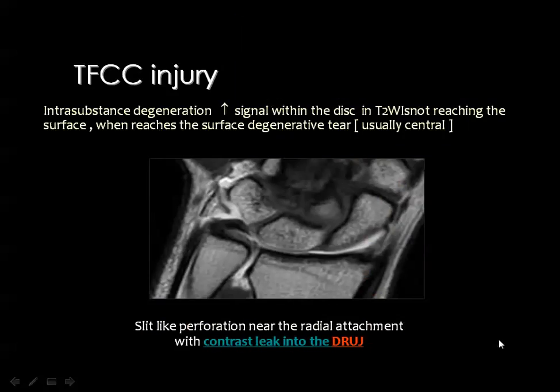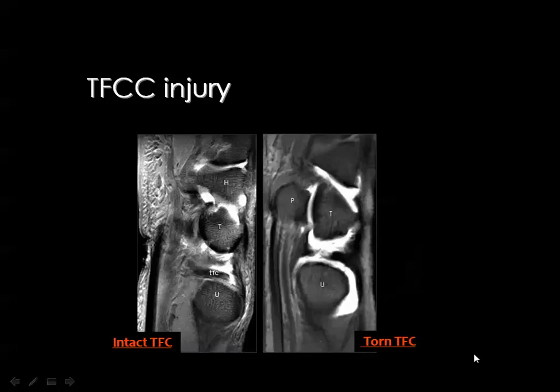Then, if you look carefully here, you see that the triangular fibrocartilage is not reaching the radial attachment, there is a defect here, and this is a tear near the radial attachment. You know that if the triangular fibrocartilage is torn, there will be leakage of contrast or joint fluid into the distal radioulnar joint.